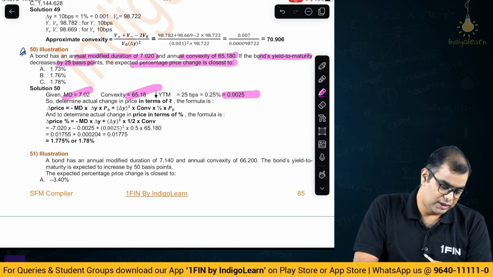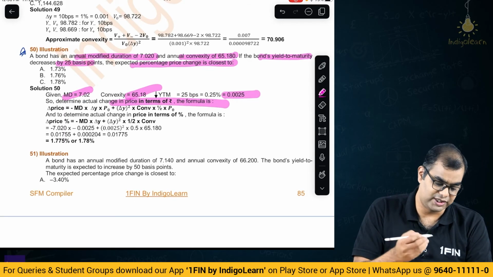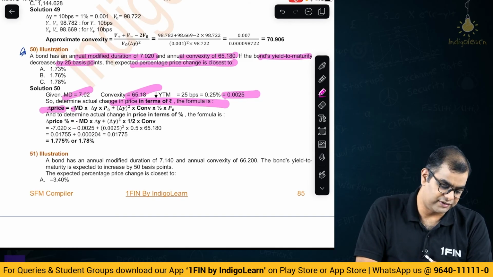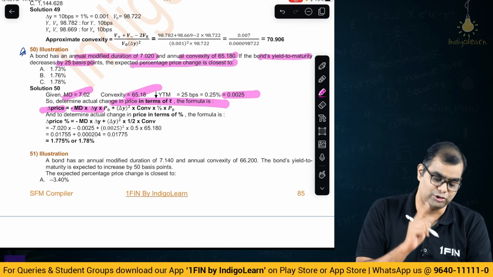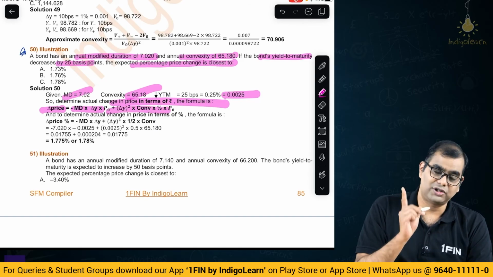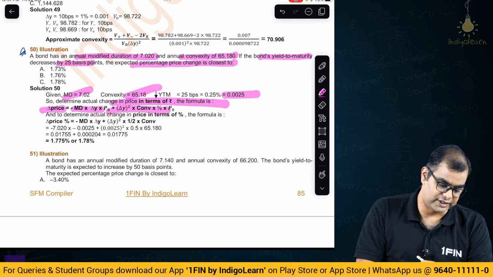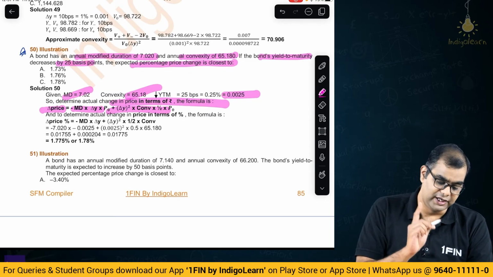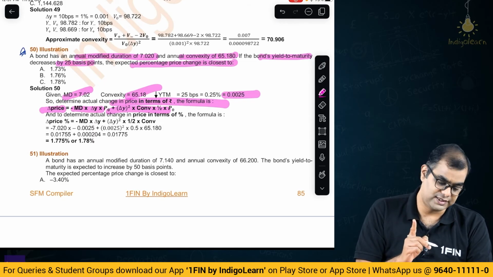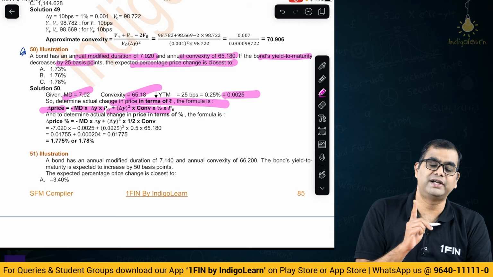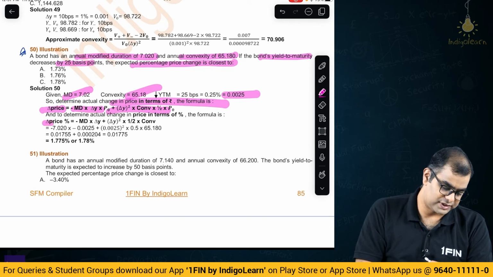So, actual change in formula, how do you find out the change? Change in price is minus modified duration into change in yield into price, plus for the convexity, convexity also you have to account for it. Convexity value they have given as 65.18, into half into price into change in yield whole squared. So, percentage change in price, you fill up this particular formula.